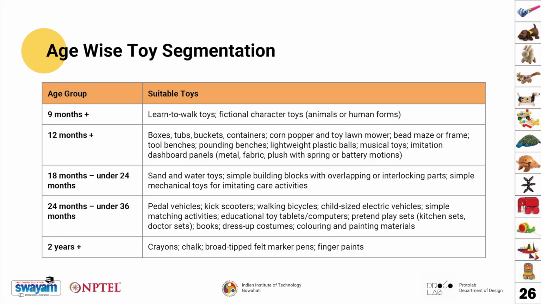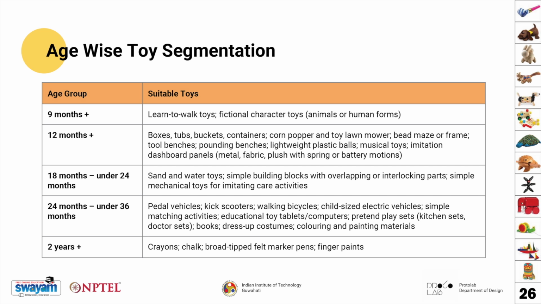At around 9 months, babies begin to stand and attempt early movement. Toys such as learn-to-walk toys, push toys, and fictional character toys in animal or human forms help develop balance, coordination, and recognition of familiar figures. By 11 months, children become more curious and interactive with objects.